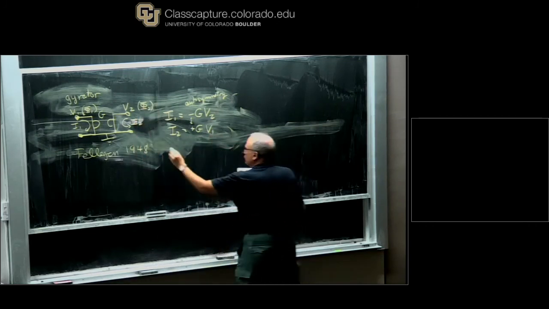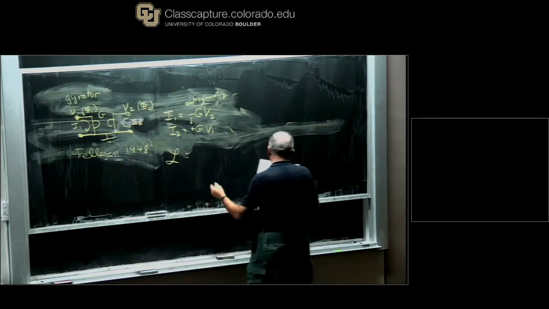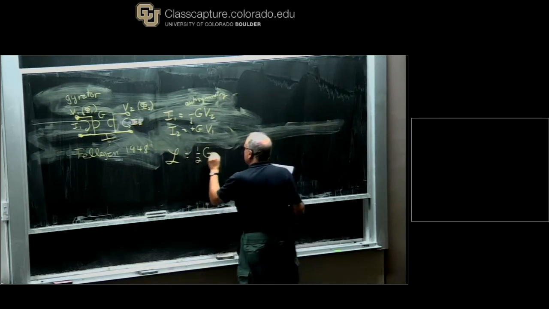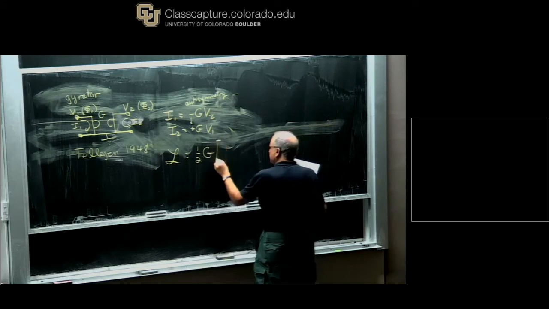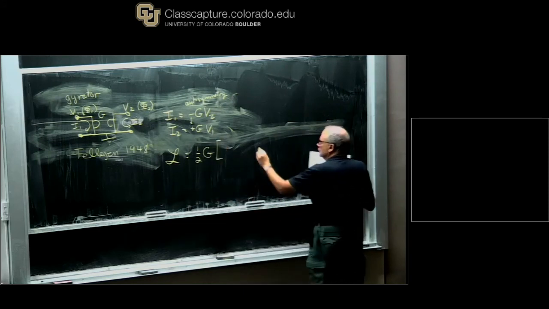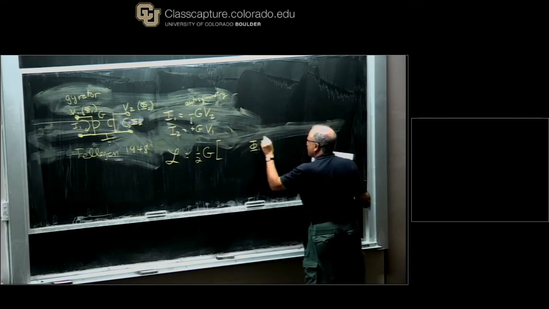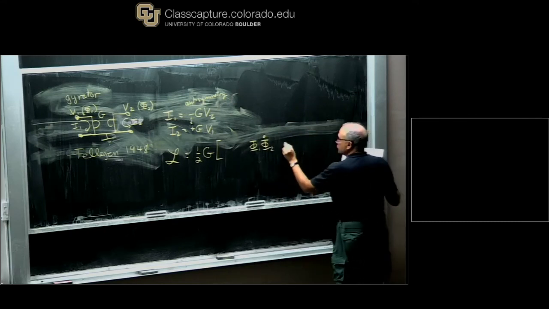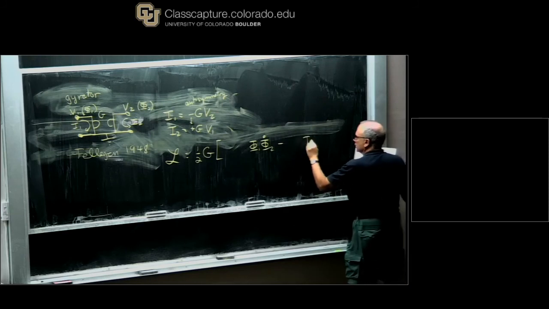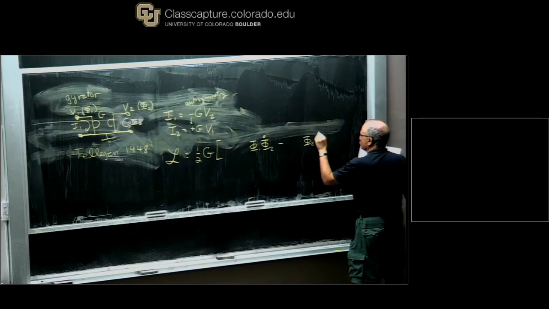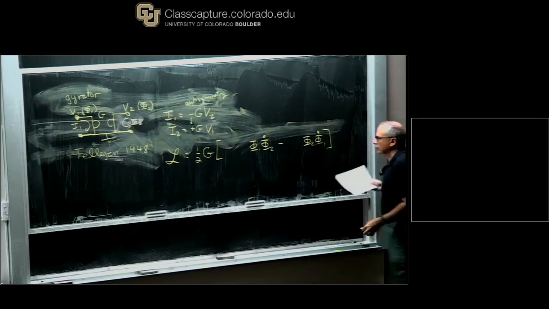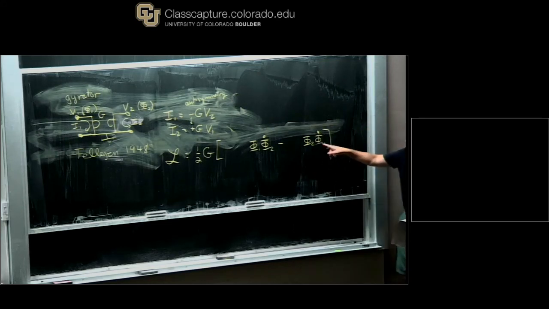And so the Lagrangian will be this: 1/2 G, leaving a little space, Phi1 Phi2 dot, and then minus Phi2 Phi1 dot. So you see it has a kind of anti-symmetry, and it has 1 power of the velocity and 1 power of the position, if you talk about mechanics.